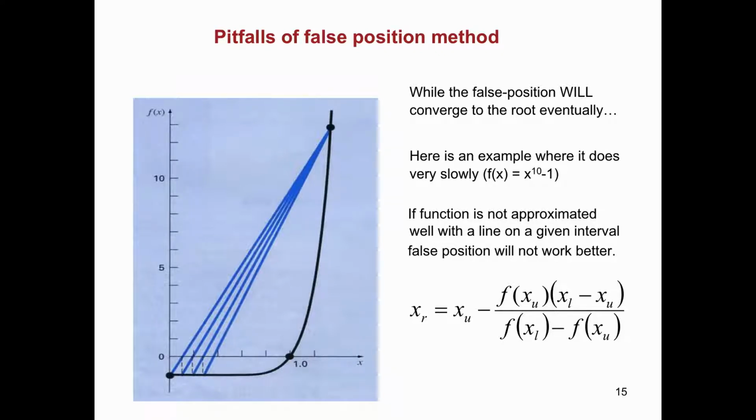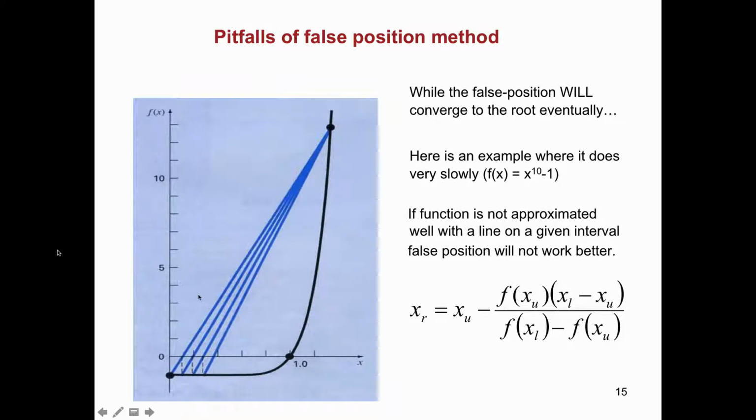My approximation is the blue line versus the function itself, the black line. Look how far apart those are. So it's not going to do a good job, simply because this linear function is nowhere near the function itself.